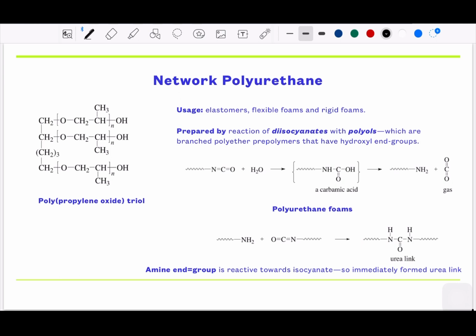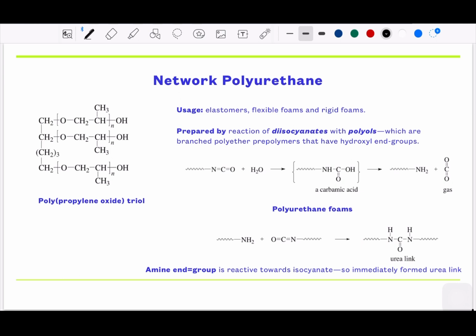We take the water, add the isocyanate, and then the same as the linear one. And then it has the amine release, and it will react with another isocyanate to make the urea that is going to make up the polyurethane. And this is one example.